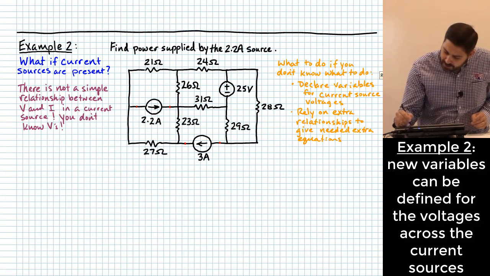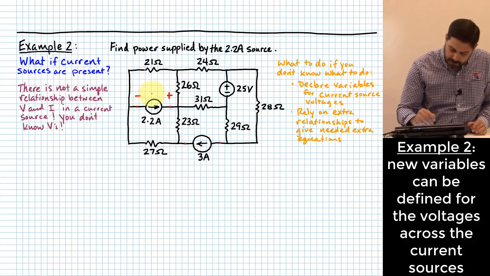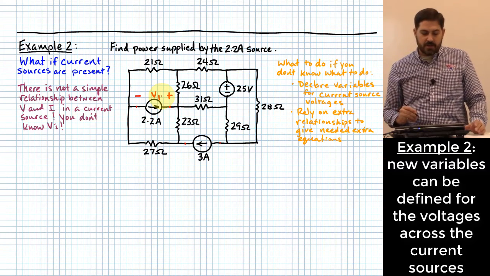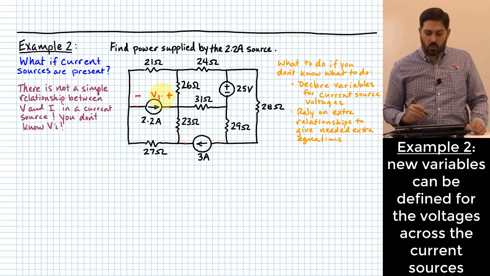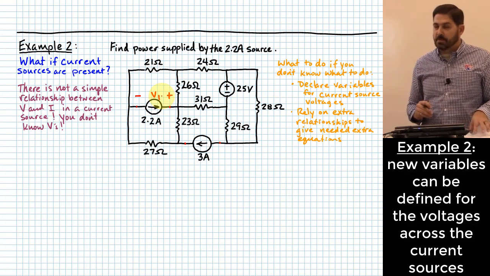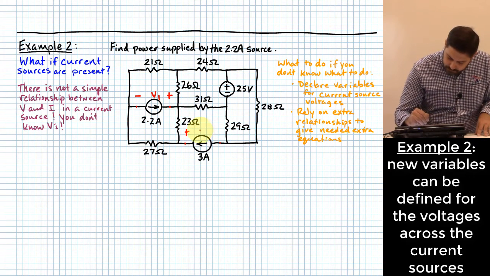I'm going to do that such that I assume they are going to be producing positive power. I'm going to call this one V1. I've got another current source here as well, the 3 amp source. What direction would the voltage go if I'm assuming the 3 amp source produces positive power? To the left, right? I'll call that V2.